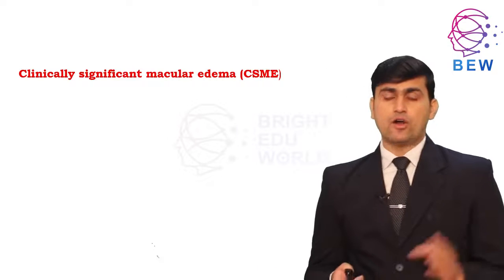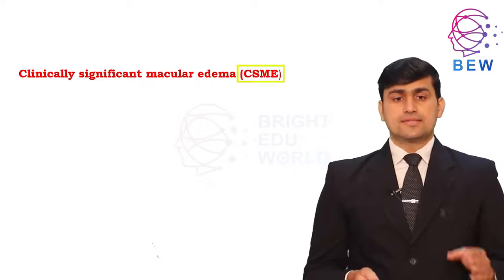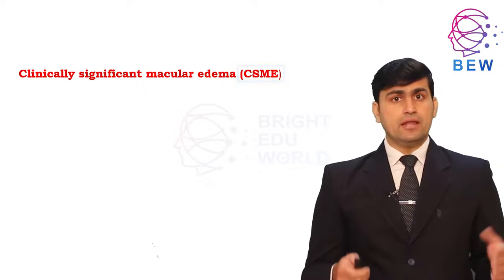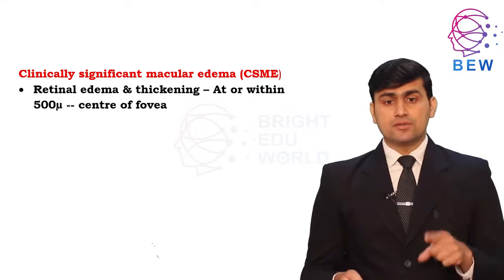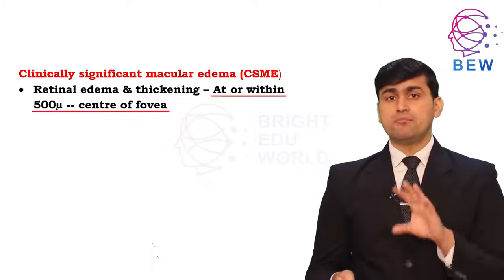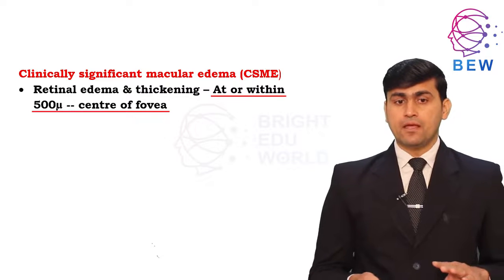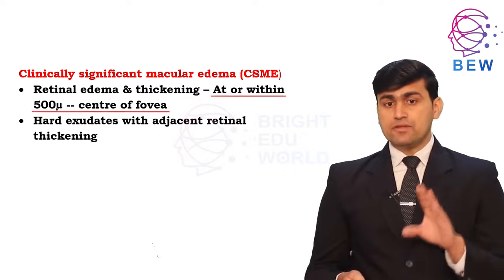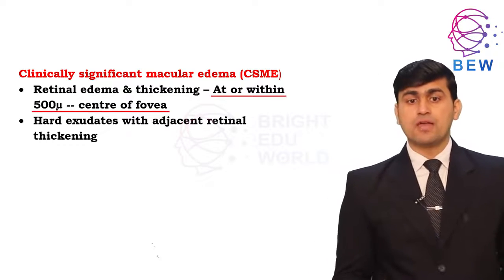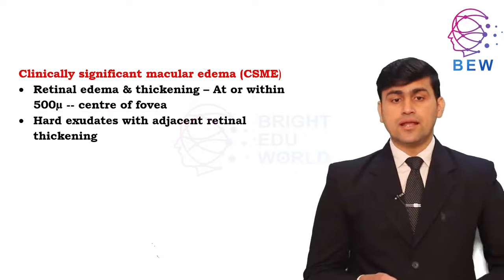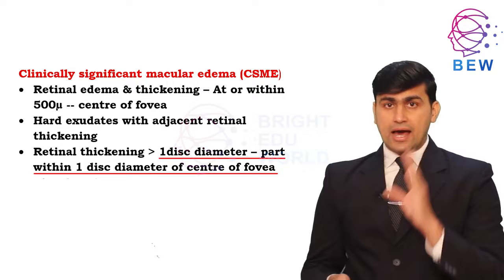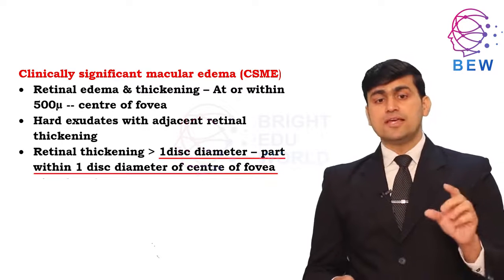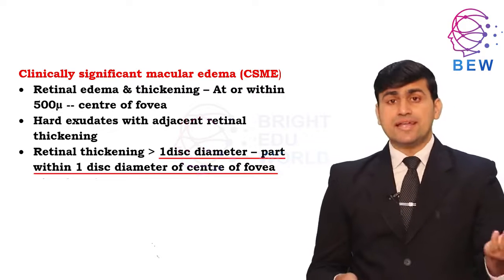Now, what is clinically significant macular edema or CSME? We call the macular edema as clinically significant macular edema when there is retinal edema or thickening at or within 500 microns of the center of fovea, hard exudates at or within 500 microns of the center of fovea with adjacent retinal thickening, or retinal edema of 1 disc diameter or larger, a part of which is within 1 disc diameter of the center of fovea.